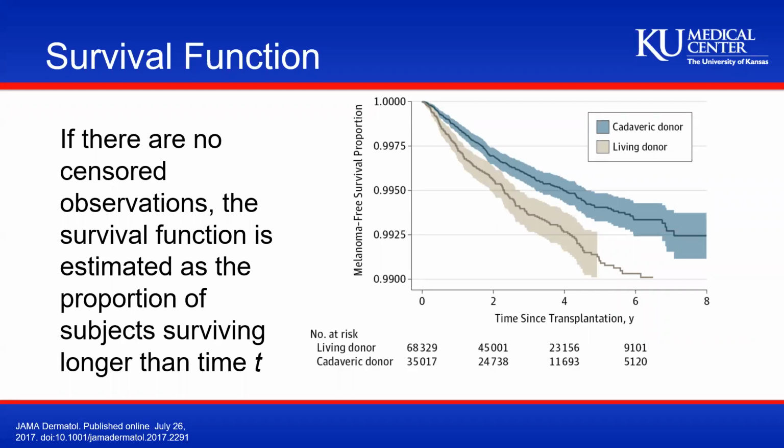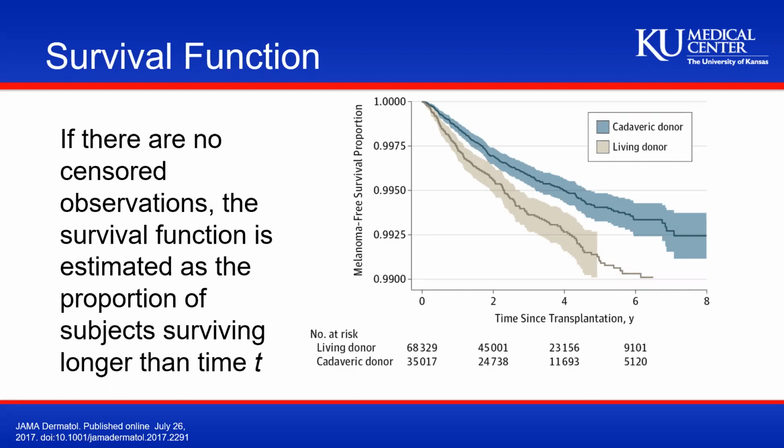So you can see here a comparison of whether the donor was living or cadaver. You also often see with these curves, these numbers at the bottom, which represent the number of subjects or patients or individuals that are represented in that line.